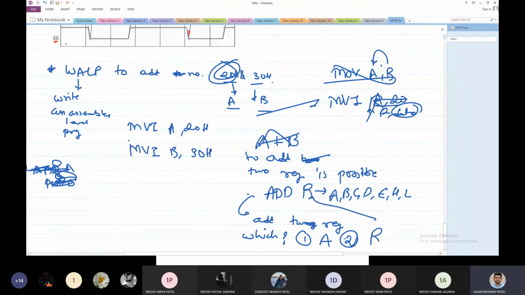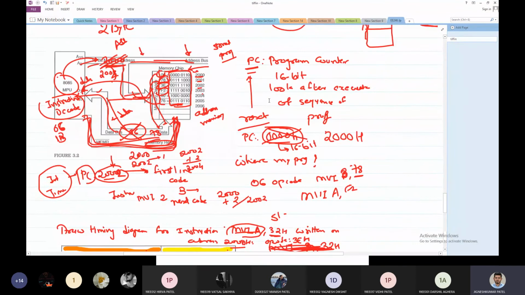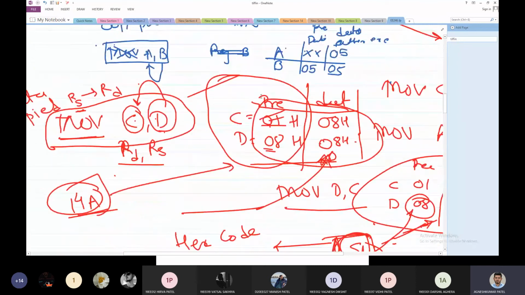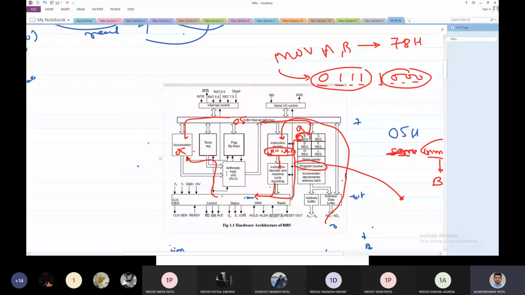So if I write ADD A, it will add accumulator with accumulator itself. If I write ADD B, it will add accumulator with register B. If I write ADD C, it will add A plus C. So now you understand why the accumulator was there, register A was there near your ALU.